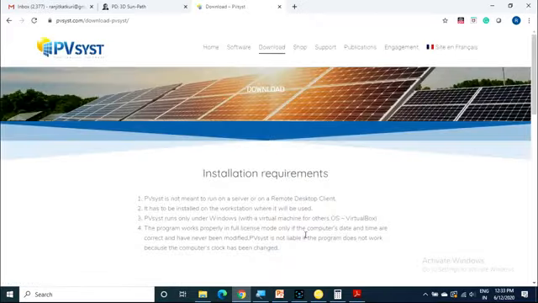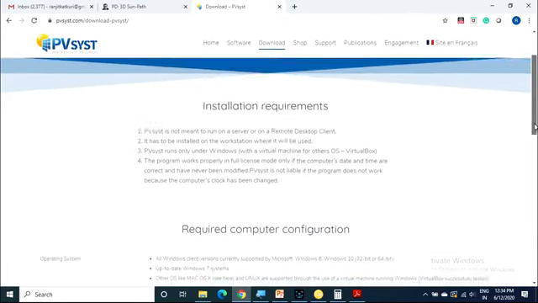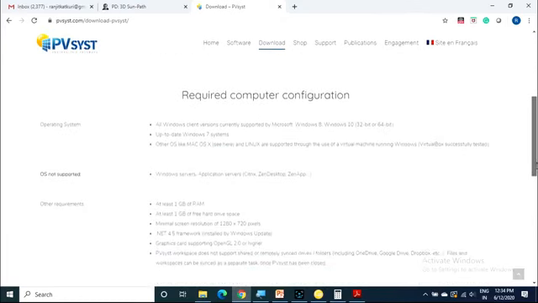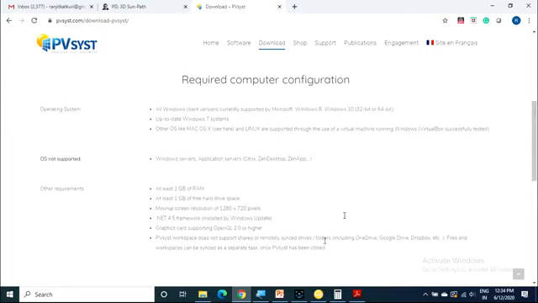These are the installation requirements, and this is the required computer configuration. You can go to the required computer configuration on the PVsyst website. If this computer configuration is met, then only it will work.